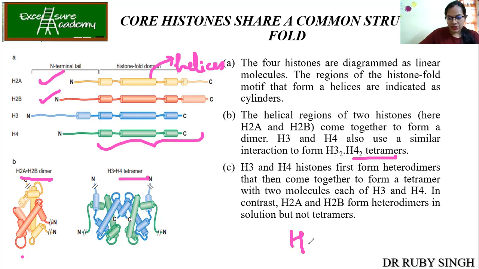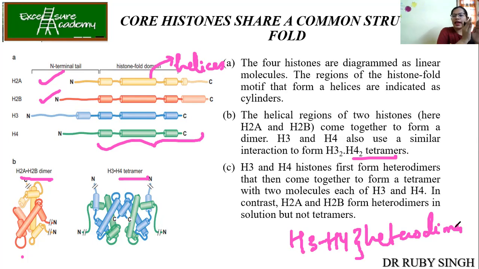It is the H3 and H4 heterodimer that forms first. Okay. It's not that a homodimer of H3 and a homodimer of H4 form and then they come together. It is the heterodimer of H3 H4 which forms first and then another heterodimer of H3 H4 comes and together forms the tetramer. Please remember.